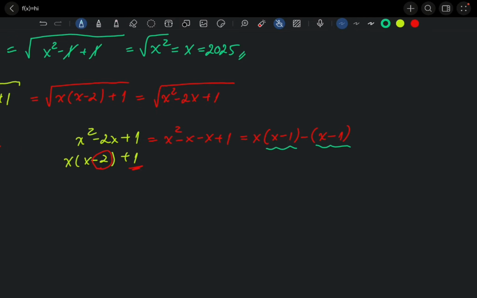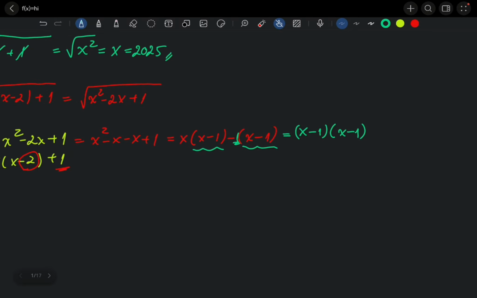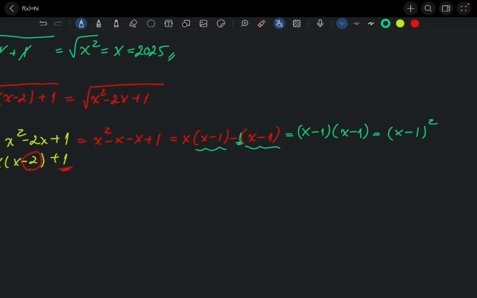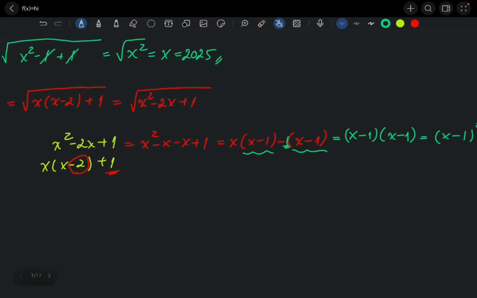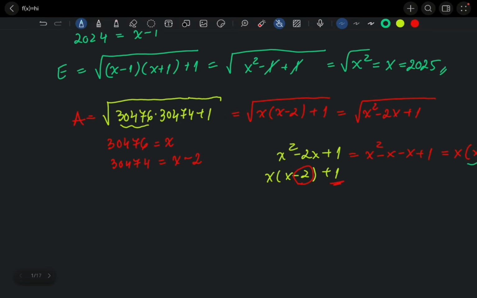That implies that x squared minus 2x plus 1 will be equal to the common factor, which is x minus 1, times x minus 1. So in the end, x squared minus 2x plus 1 will be equal to x minus 1 all squared. Now the value of a, after all this calculation, will be equal to the square root of x minus 1 all squared.